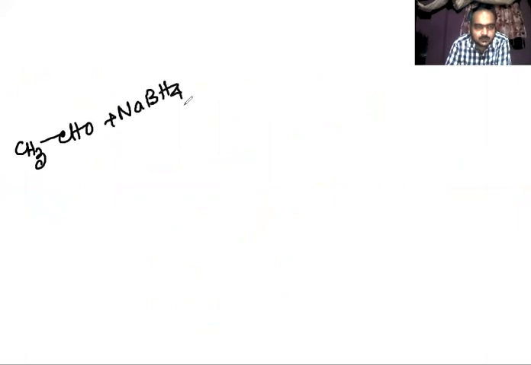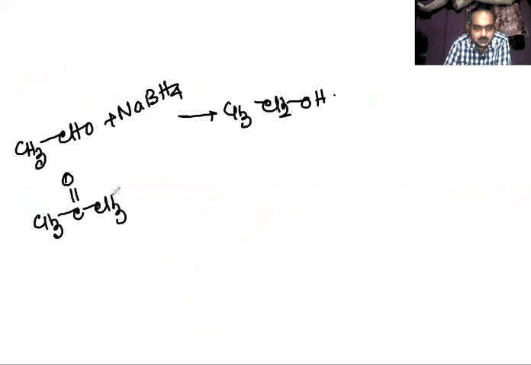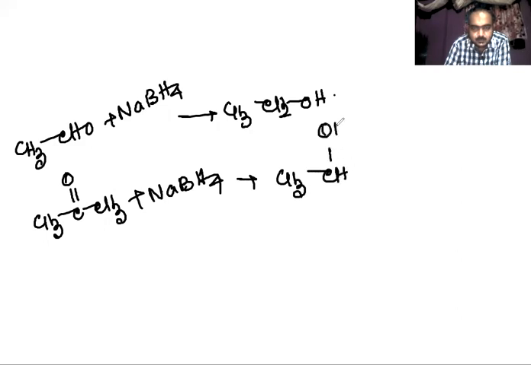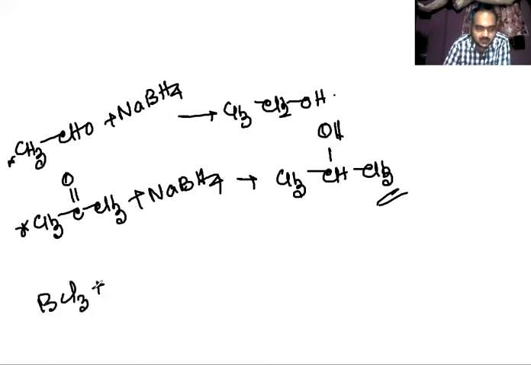You can write some inorganic or organic reactions. CH3CHO, an organic reaction, with NaBH4 will produce CH3CH2OH. Or CH3COCH3 plus NaBH4 will produce a secondary alcohol, CH3CHOHCH3. How is NaBH4 formed?